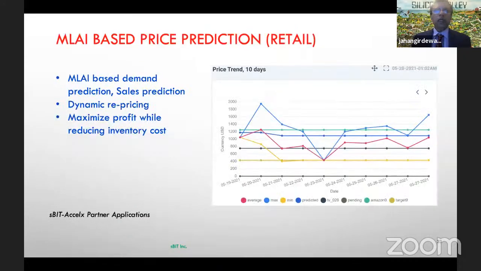And here is another project we have been working on in machine learning, AI-based prediction for sales. This is going on for a customer at present, with SBIT and XLX in our partnership. We can predict the pricing and adjust the pricing depending on your competition.